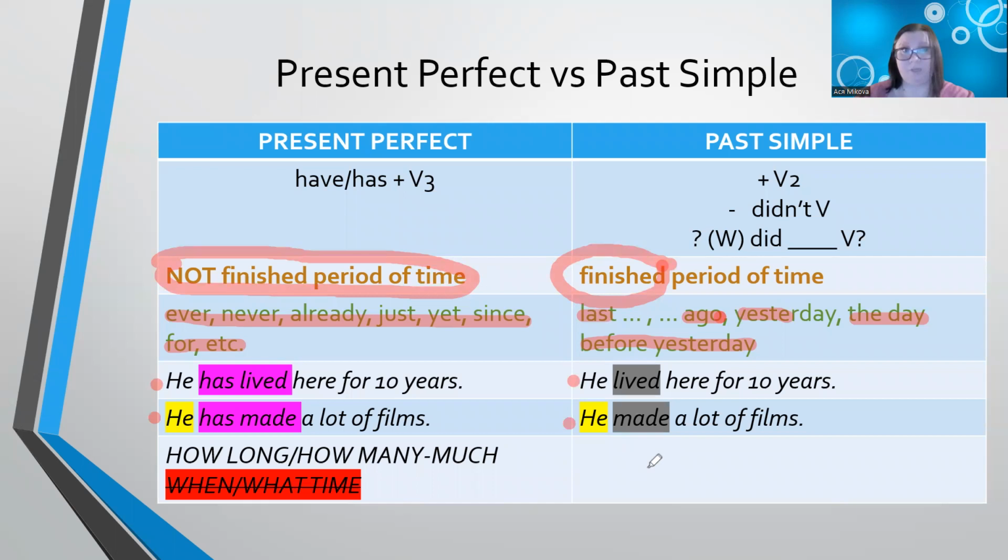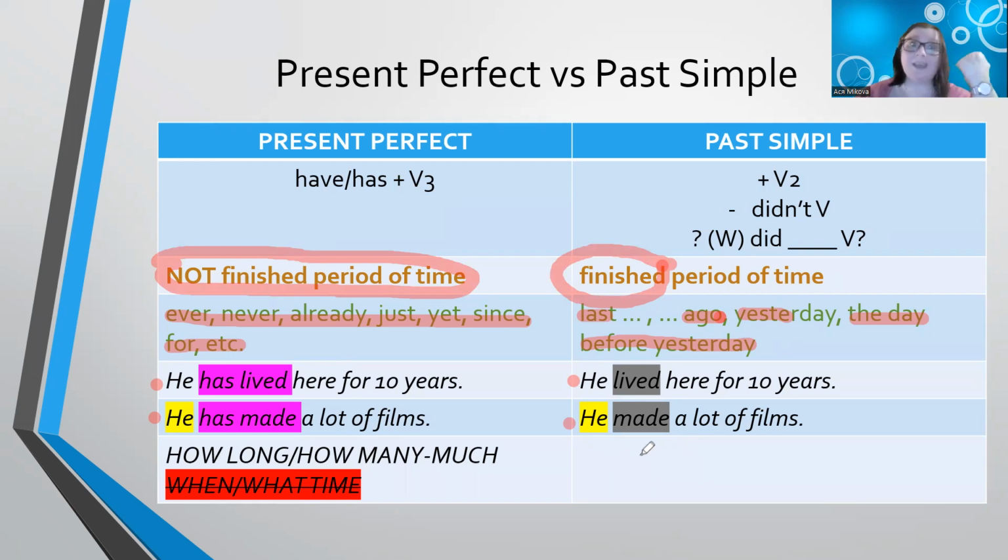Again, keep in mind finished period of time and not finished period of time. Which of these sentences is about, for example, Tarantino, and which is about Hitchcock? Tarantino is alive, Hitchcock is dead.